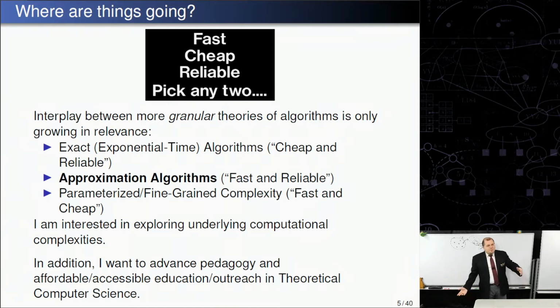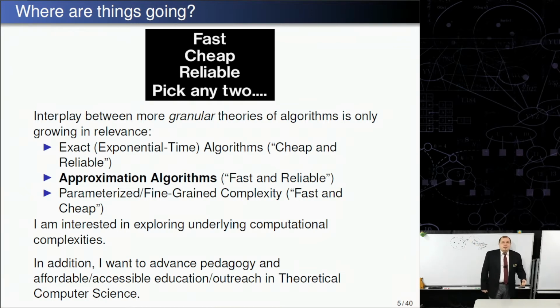So I like to see what's going on between these 3 interpretations of complexity theory. That's generally where I sit. I'm mostly biased towards approximation algorithms, but I think all 3 of these tend to inform each other, and a lot of the literature these days converges around these 3, where sometimes theory from one informs another, or when you combine 2 of these approaches, you end up getting something else.